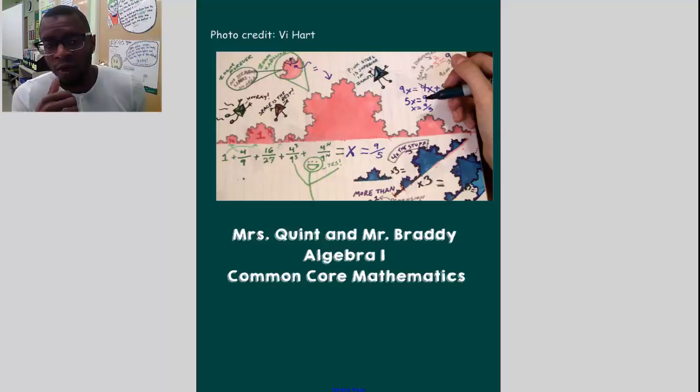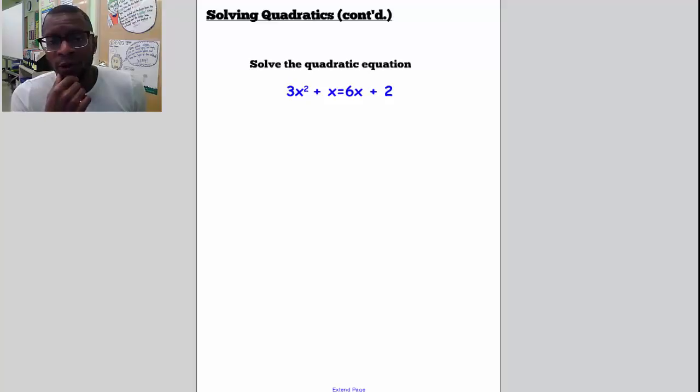Okay, so the first thing I want to do is solve this quadratic equation, 3x squared plus x equals 6x plus 2. Remember, whenever we're solving a quadratic equation, we need our right-hand side to be 0. So I'm going to manipulate my equation.